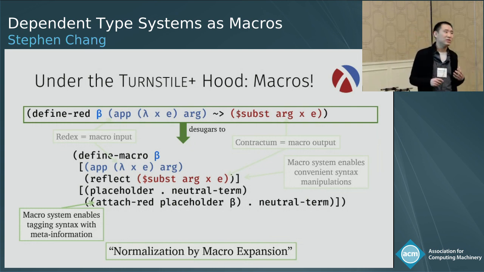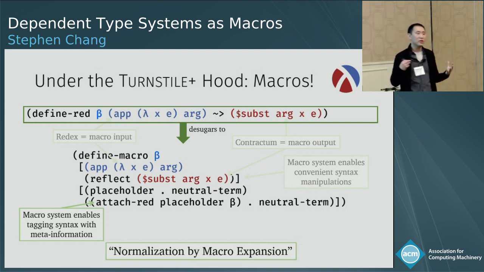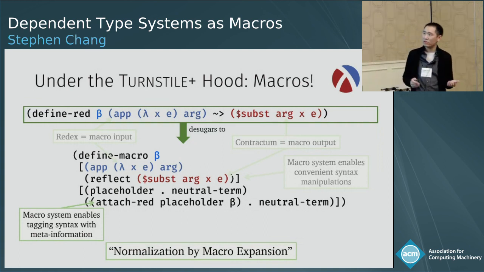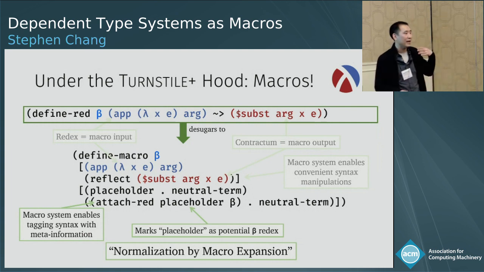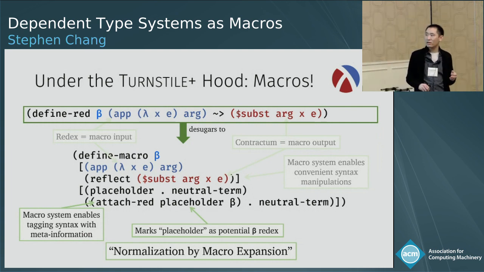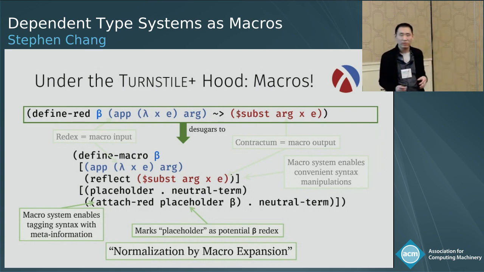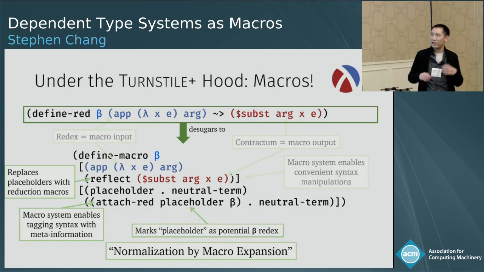And the macro system, again, has a nice way to do this communication, which is you can tag pieces of syntax with meta information. So here, we have a placeholder at the head of the neutral term, and it's tagged with meta information that says I'm a potential beta redex, and this communicates to future reductions that they need to check this neutral term to see if it can potentially be reduced.